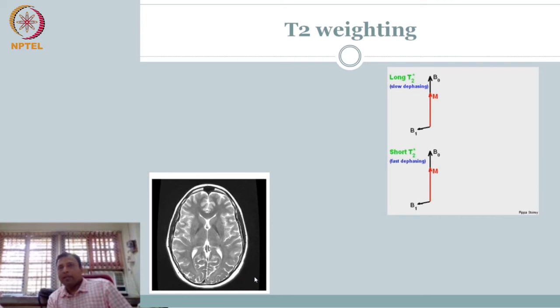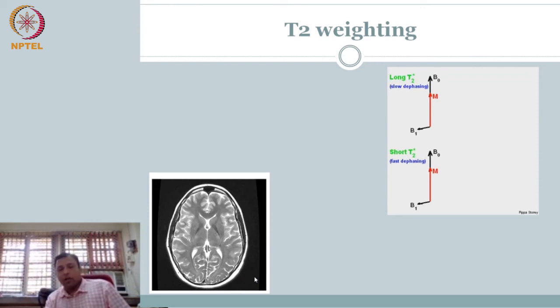But how do I minimize the effect of T1 and proton density? That is the idea. How do I do that? Here also I don't care about how they start. I am interested only in how it is dephasing after it falls to the floor. So for different materials, I don't care about their T1 differences.